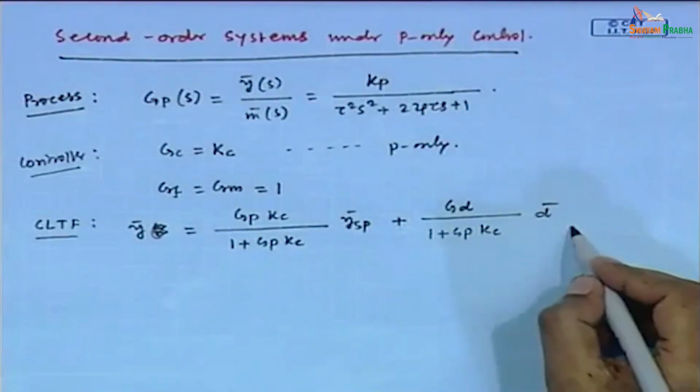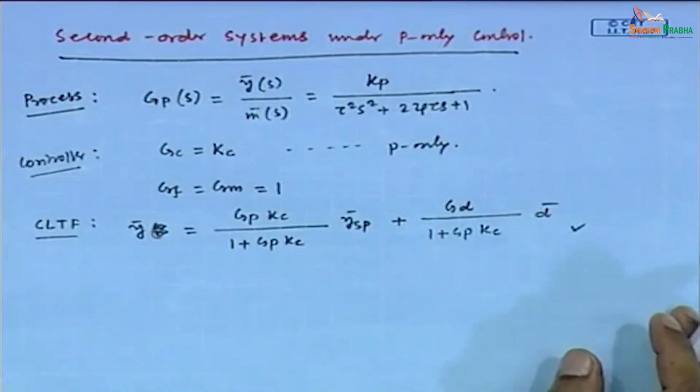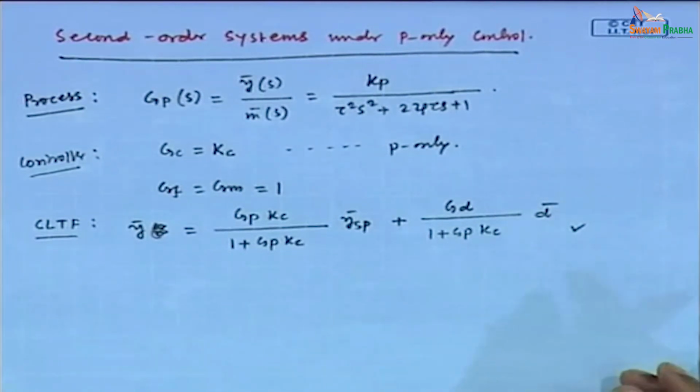Substituting all the transfer functions except the process transfer function, we obtain this form. Now, we will conduct only the servo test.